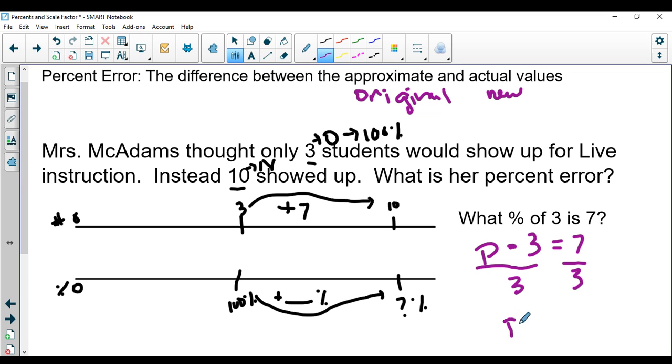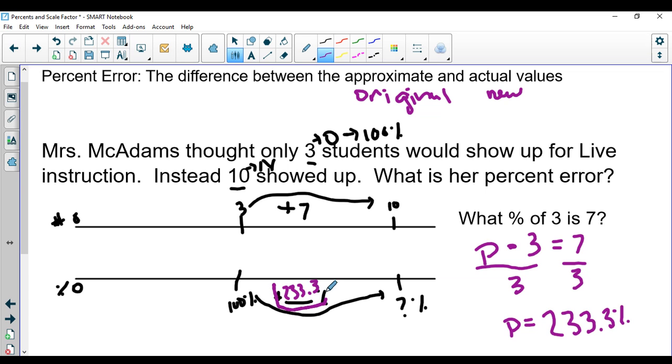And that tells me that P is equal to 2.3333 repeating, which is 233.3%. So we are adding 233.3%.